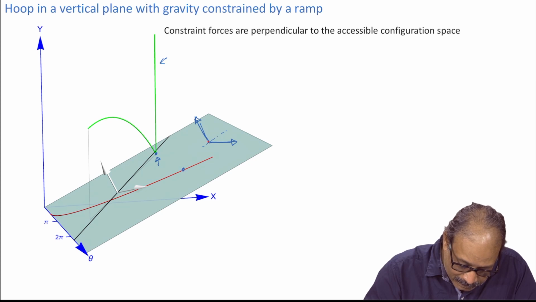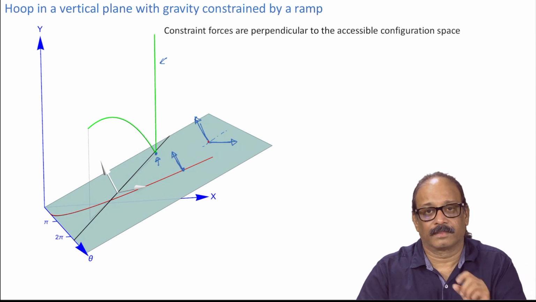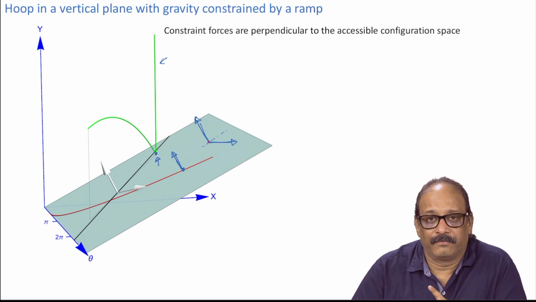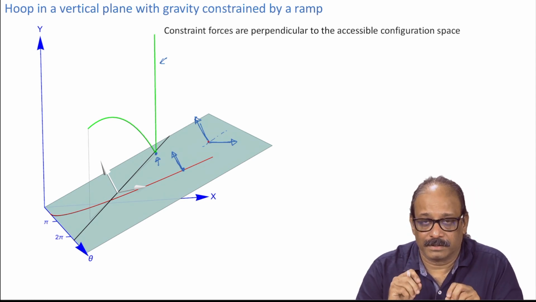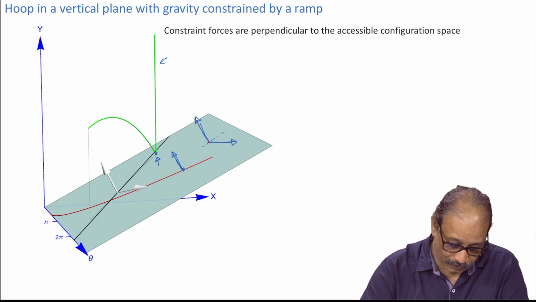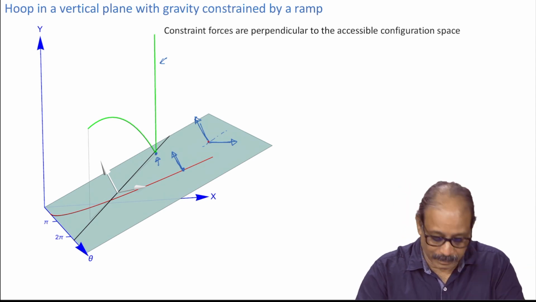What about the red trajectory? In case of the red trajectory, notice if you take any point here, the normal force is always perpendicular to the trajectory. Okay. The normal force here in fact will enforce, because now the constraint is a holonomic constraint. What happens for the red trajectories? The hoop is in contact with the ramp.